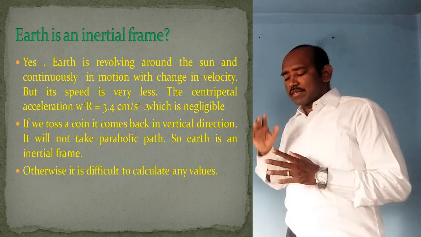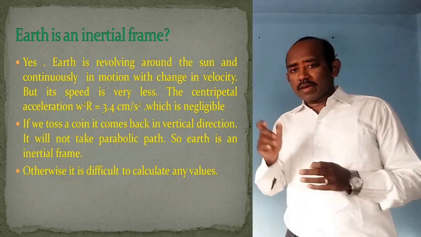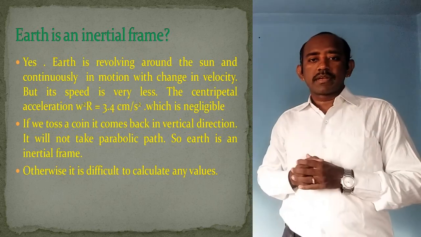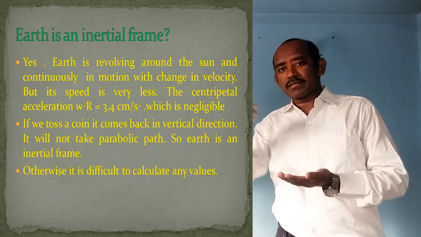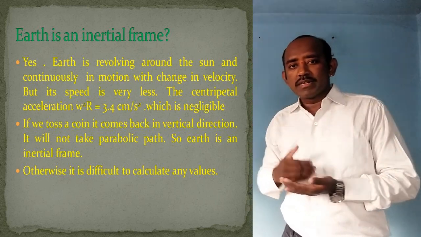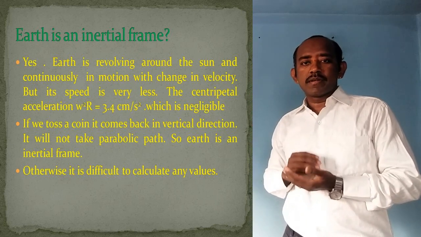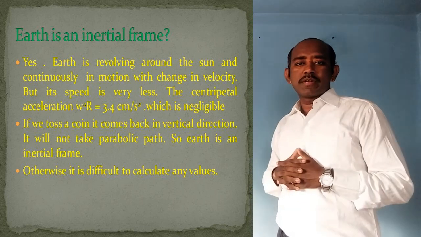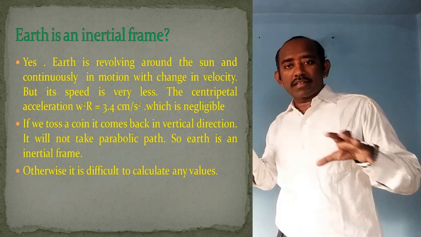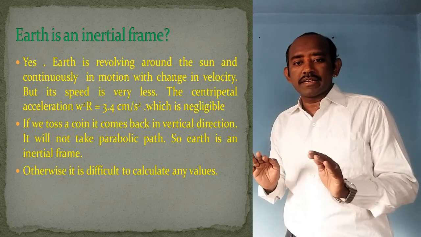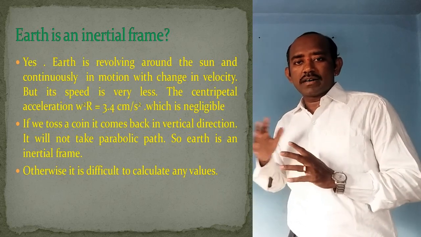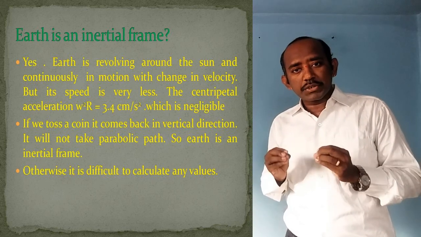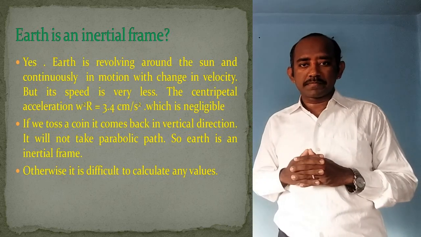For example, if we toss a coin, it comes back in a vertical direction. It will not take a parabolic path for an observer, because the Earth's motion is very slow. So we are neglecting the Earth's motion. We are not taking the speed of the Earth into account. So the Earth is an inertial frame of reference.